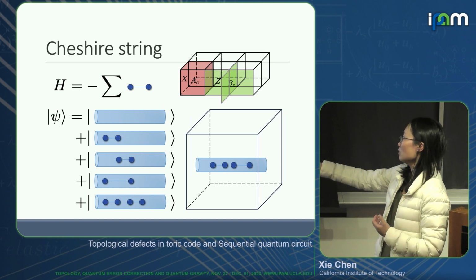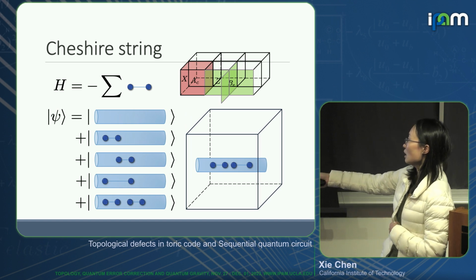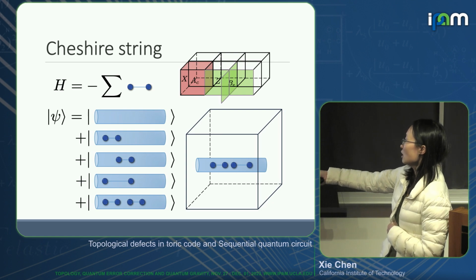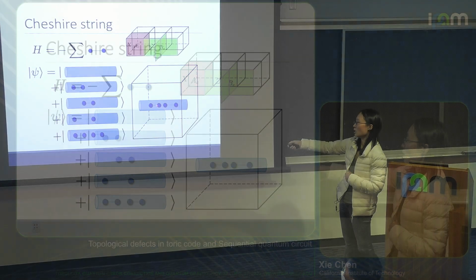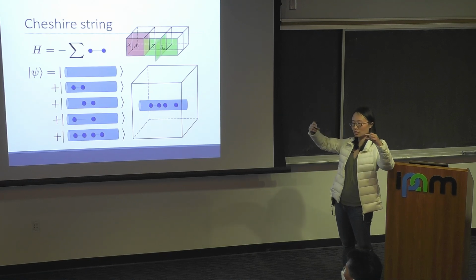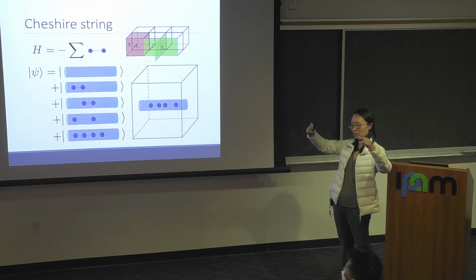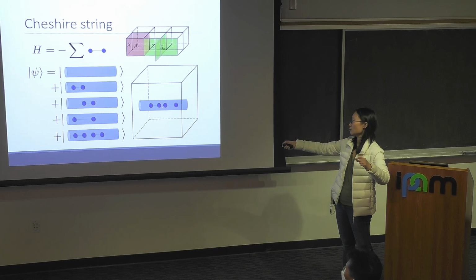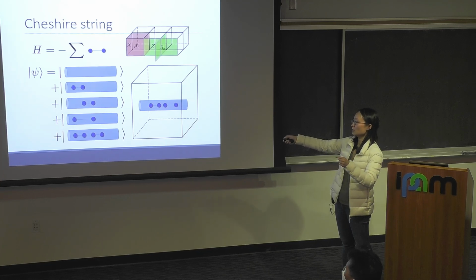And then we can choose to do this not just at one point, but along a whole one-dimensional segment. So we pick a one-dimensional region, and then we change the Hamiltonian to this little string operator everywhere along the segment.